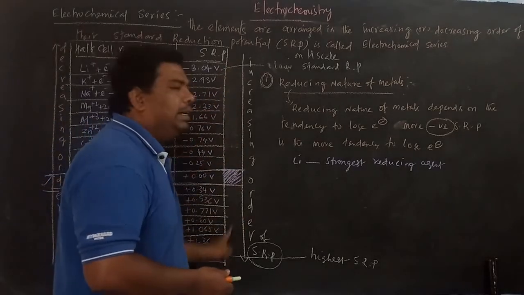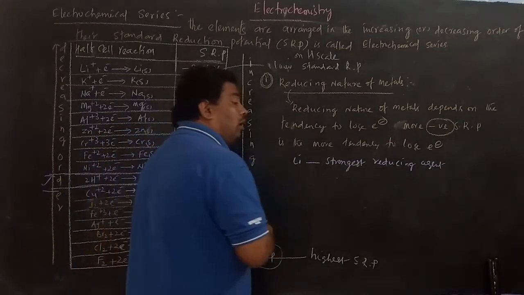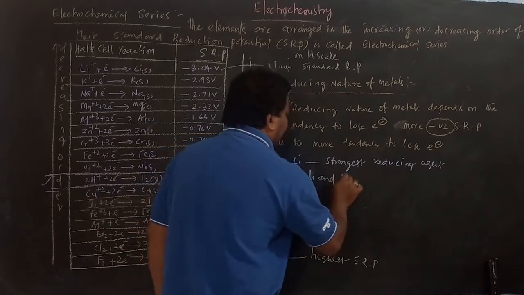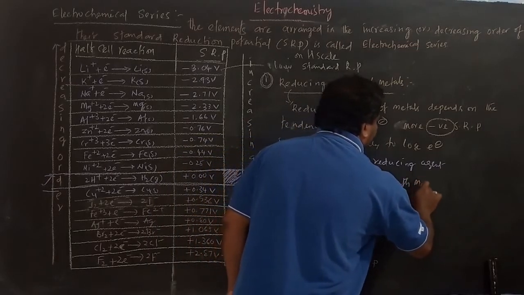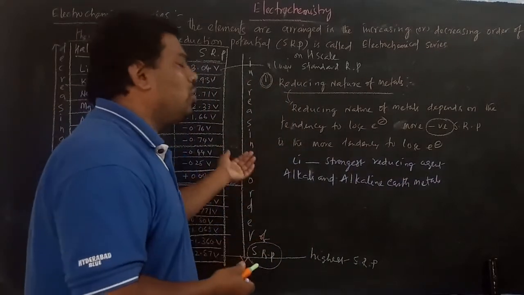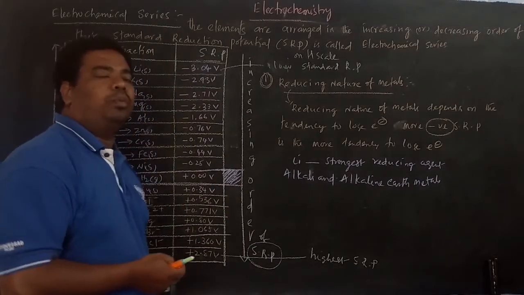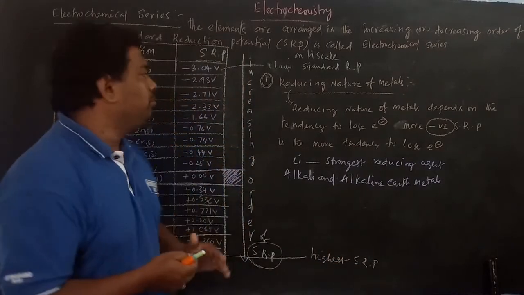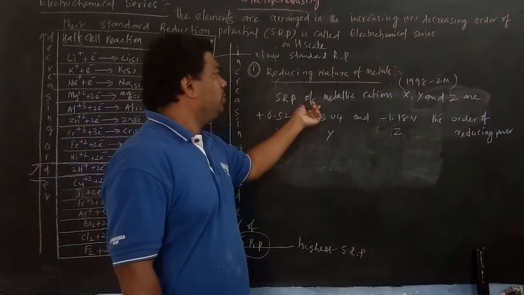Generally alkali and alkaline earth metals act as strong reducing agents compared to the remaining metals. So group one and group two elements act as strong reducing agents, but lithium is the strongest reducing agent.